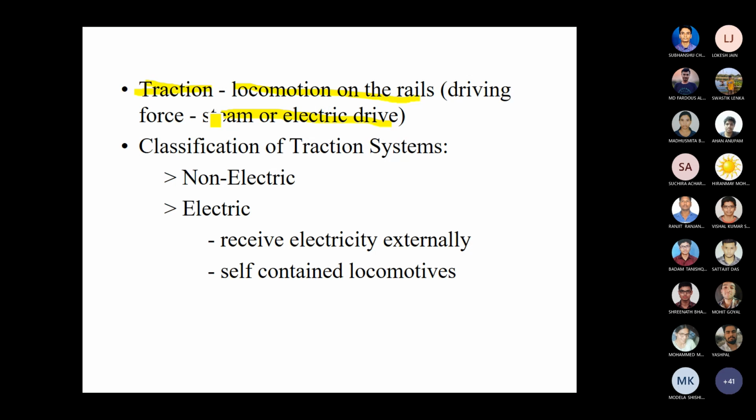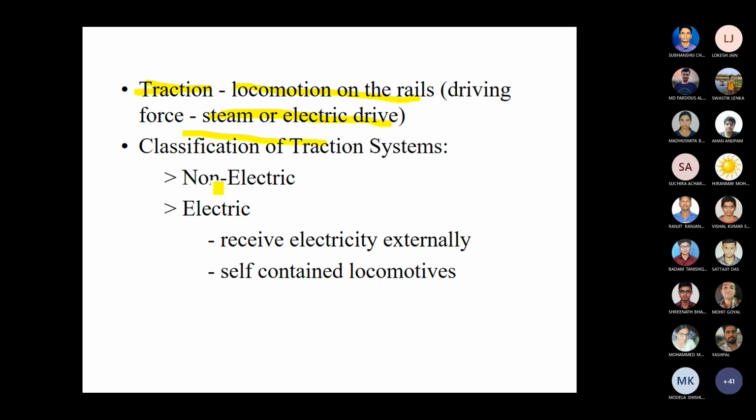A lot of these things are responsible for air pollution, so you have to avoid fossil fuel and switch to AC traction. That's the basic motivation for converting fossil fuel based transportation to electrical transportation.